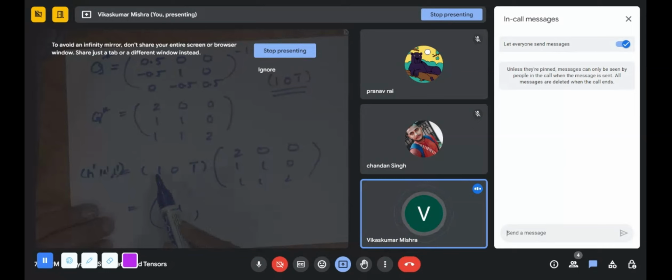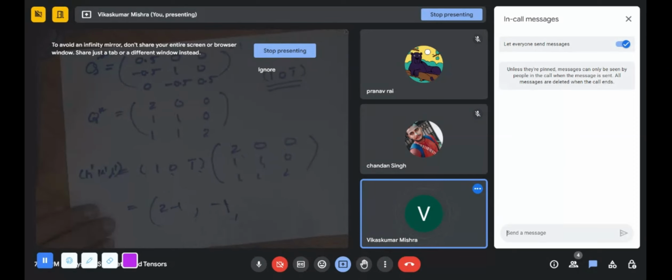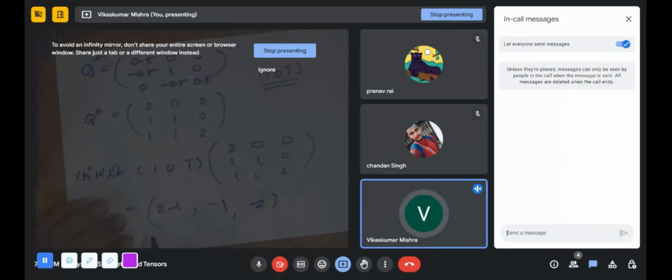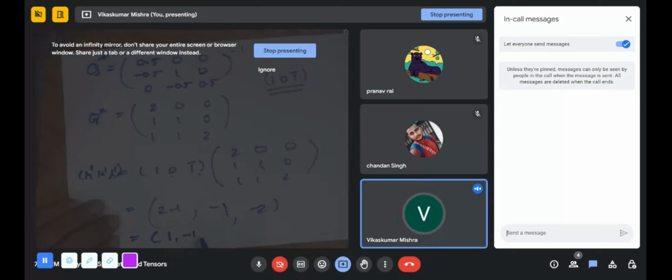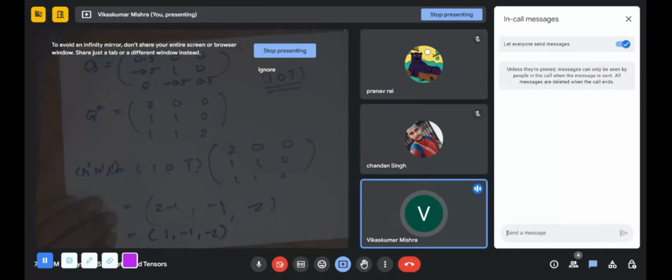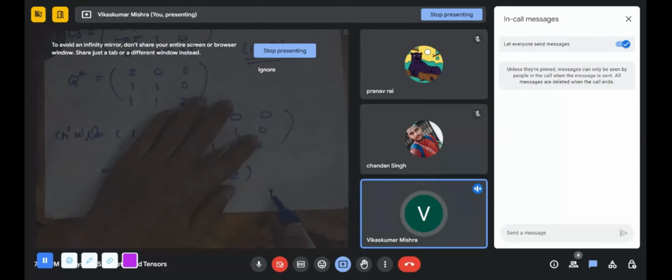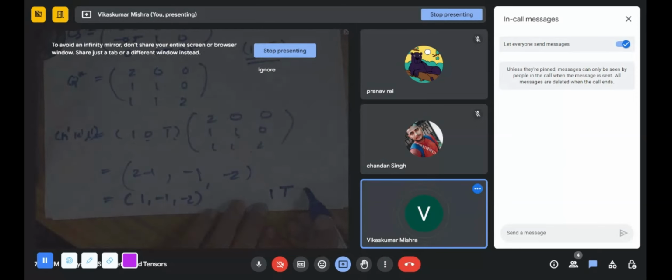The next term will be the multiplication of these two things. This will be 0, this will be 0 and this will be minus 1. And for the third one, this will be 0, this is 0 already and this will be minus 2. So what we are getting here is 1, minus 1 and minus 2. So that is 1, 1 bar and 2 bar.